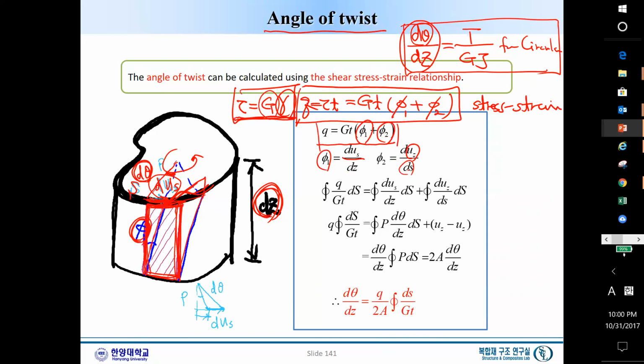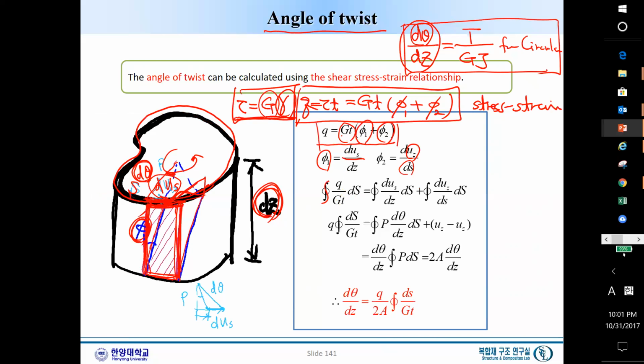Ds is this coordinate. And now we'd like to integrate. Let's first divide by G t. So G t will come to the left hand side, and then integrate over the ds, all the way and back to our original position.